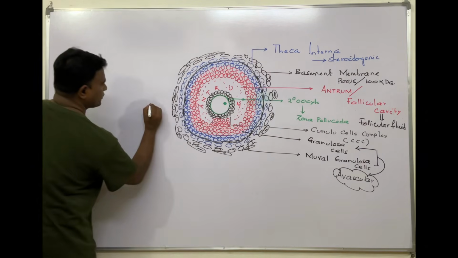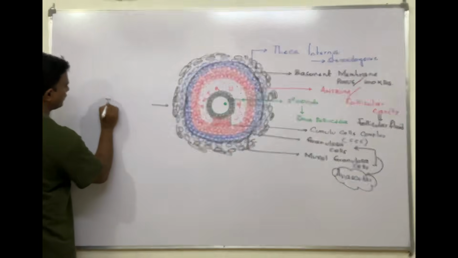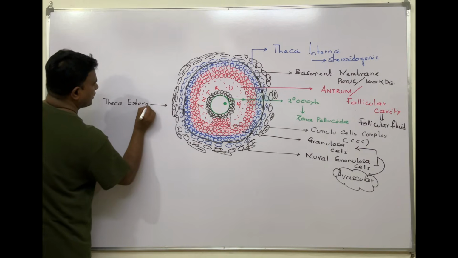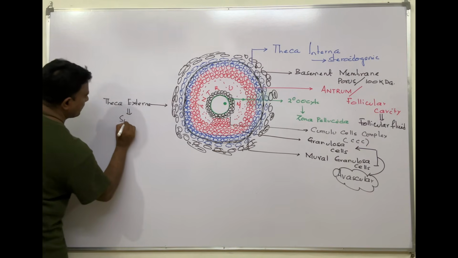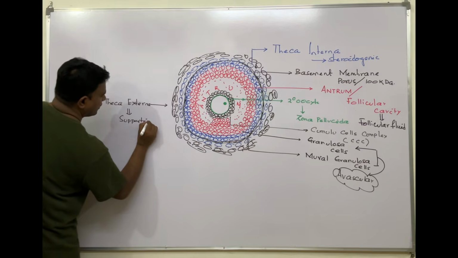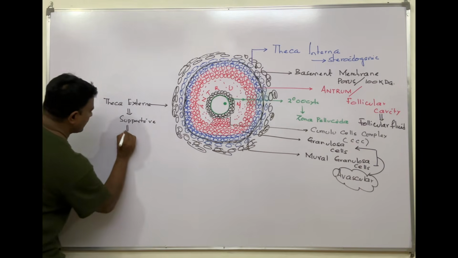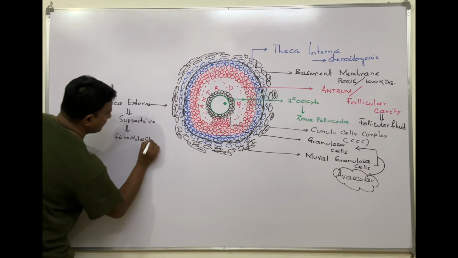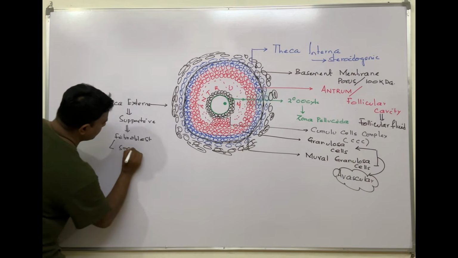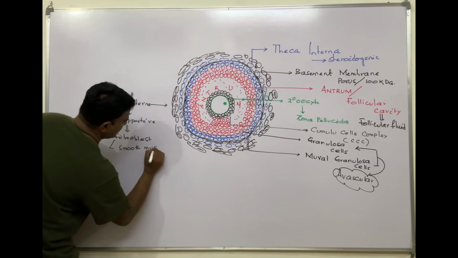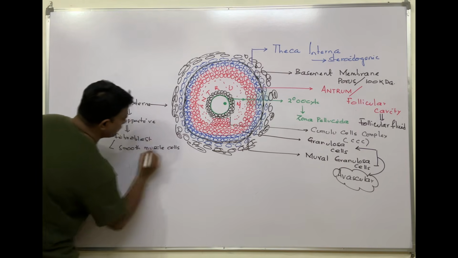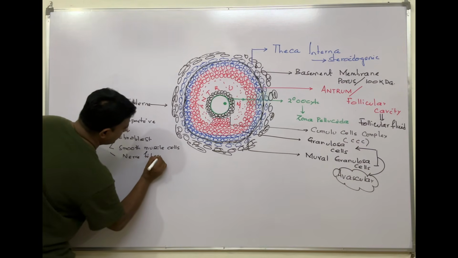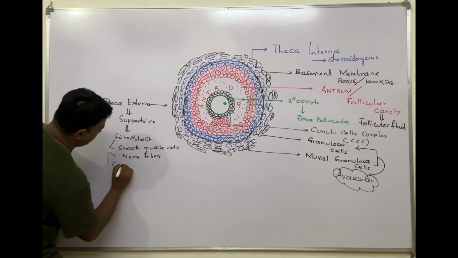This is known as the theca externa cells. These are non-steroidogenic. These are mostly supportive in function, and these cells are supported by the fibroblast cells and the smooth muscle cells. They are present surrounding them, along with smooth muscle cells, distinctive nerve fibers, and also the capillaries.